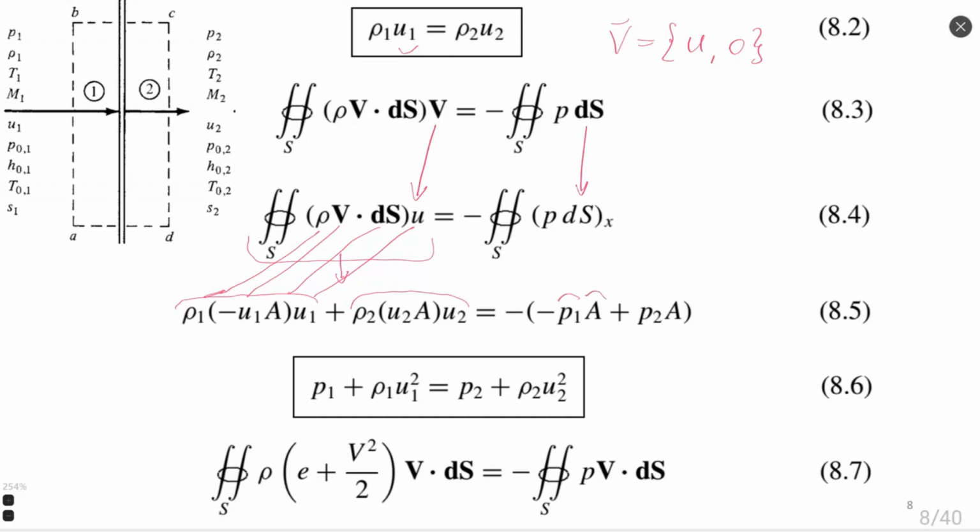Here we can do it because pressure is constant along the edge and the area AB is equal to area CD, as we had before. So this area A is here, on the left and on the right side of our control volume.